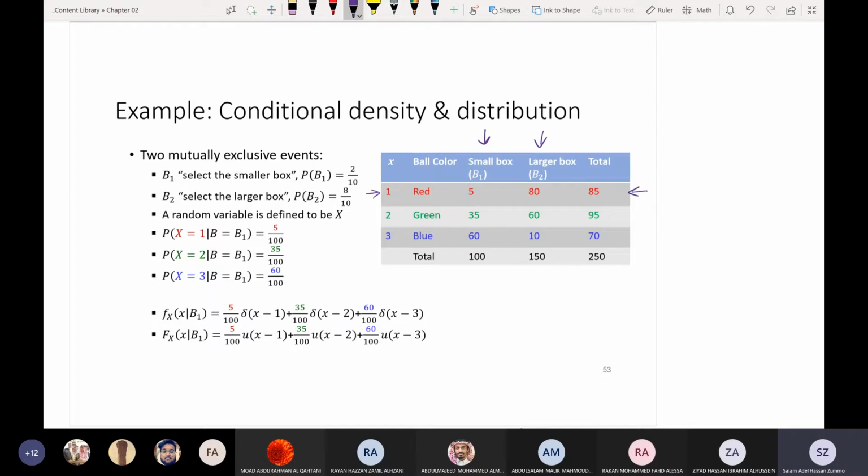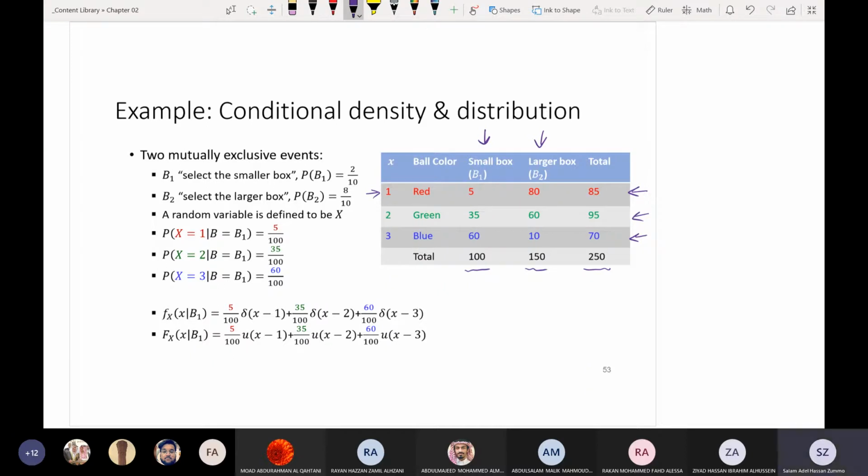The green balls: you have 35 in box number 1, 60 in box number 2, with a total of 95. The blue balls: 60 in box number 1, 10 in box number 2, and the total is 70. So the total number of balls is 250, and in box 1 there are 100 balls, and in box 2 there are 150 balls.